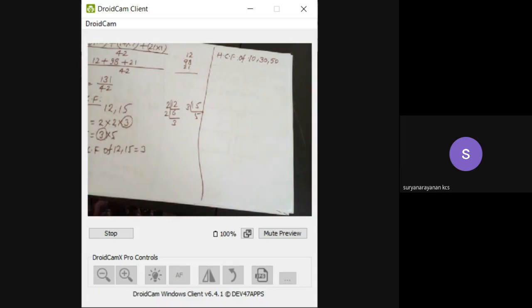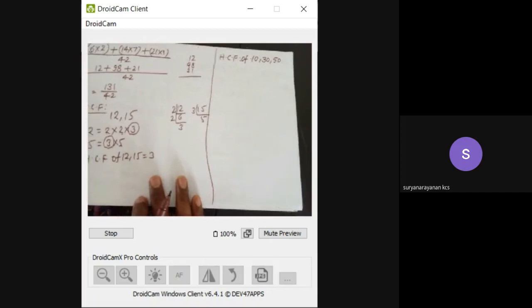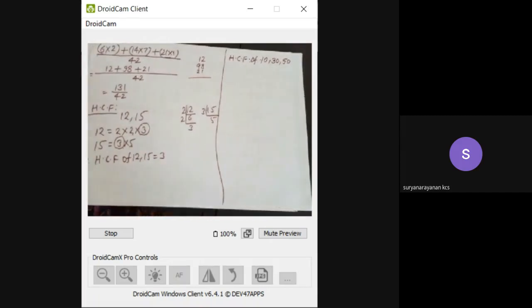Can you find the HCF of these three numbers, my dear children? HCF of 10, 30 and 50.